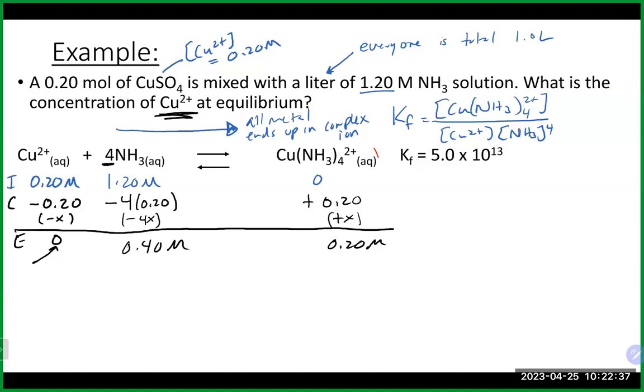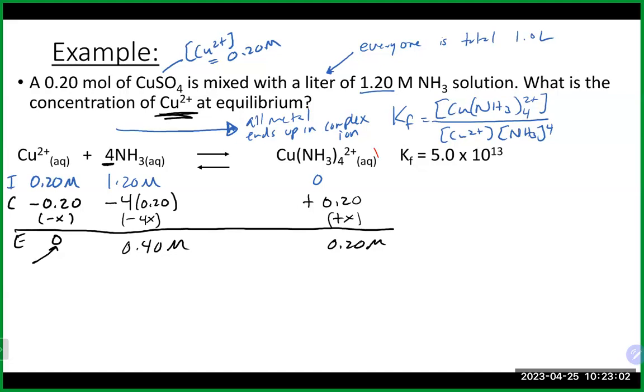So the second part of the assumption is even though almost all of it will be tied up in that complex ion, there will still be a very small amount of that metal that's still going to be free in the solution. And that amount should be a really small number. So the second part of the assumption is it will come back a little bit, and we should only have a super small amount of that free metal still there.